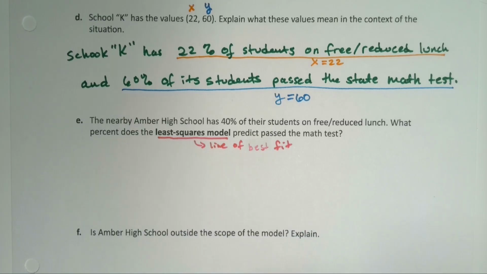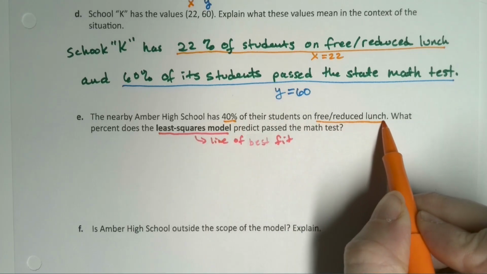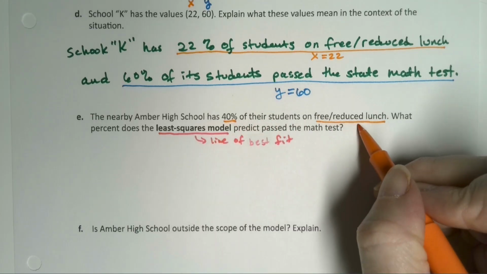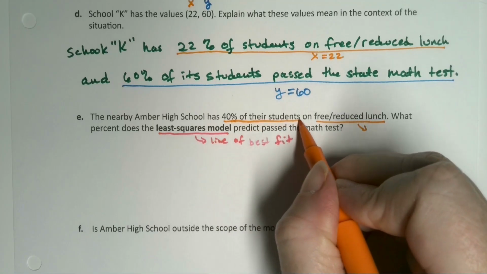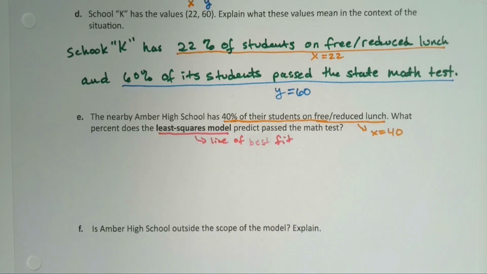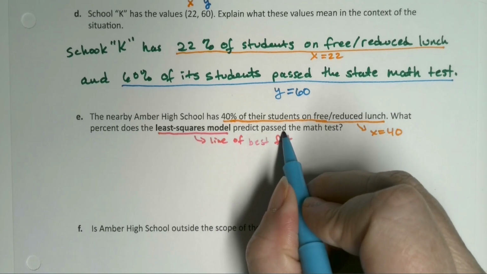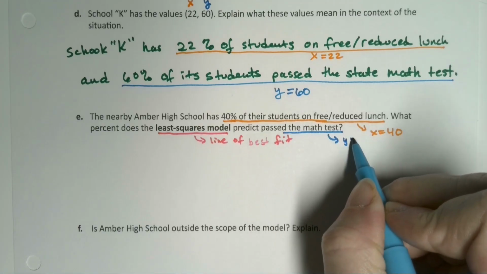Okay, so what are they telling us? They're telling us that Amber High School had 40% of students on free reduced lunch. So that's another way of saying, hey, X was 40 for this school. And what's Y? Now, before we go any further, we need to predict the math test. That's Y equals question mark.